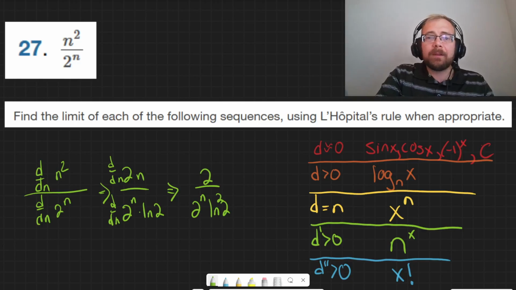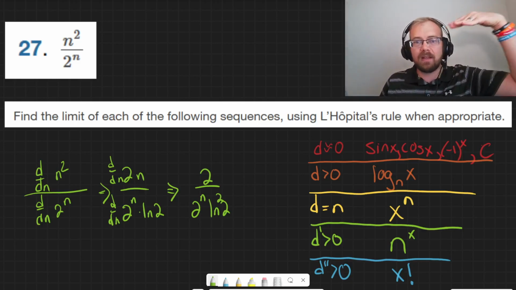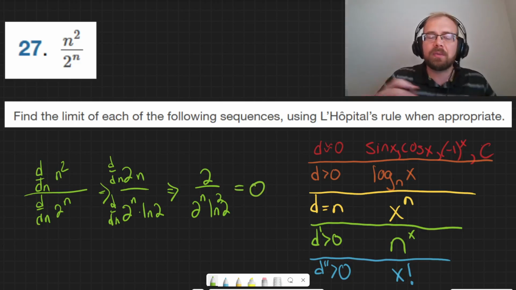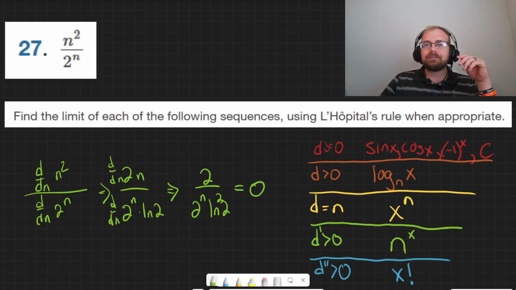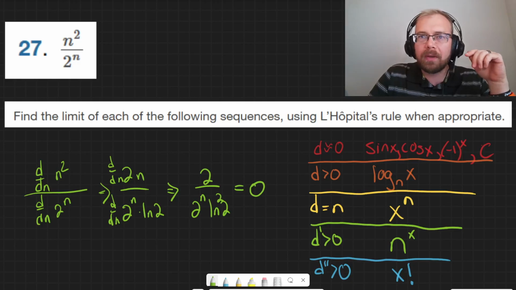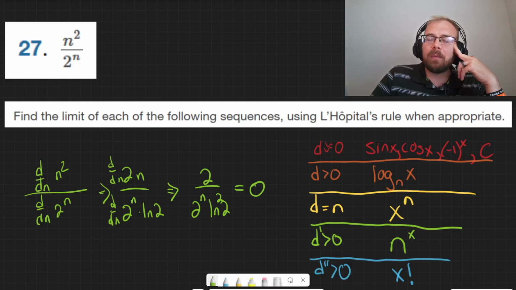And then at this point, if you have anything over an increasing function, then that limit goes to 0. That's just one of the rules of limits: if you have a constant in the numerator and something going to infinity in the denominator, then the limit would equal 0.